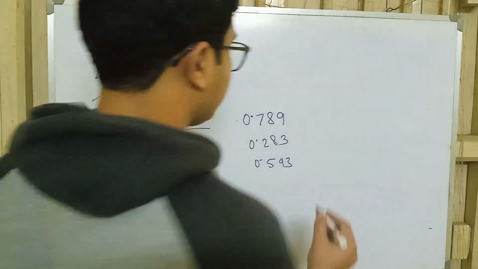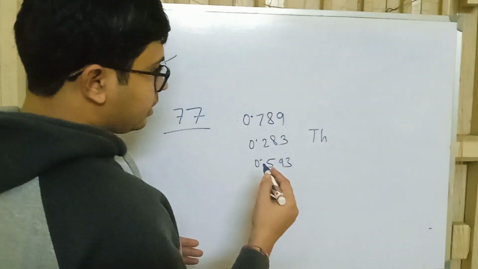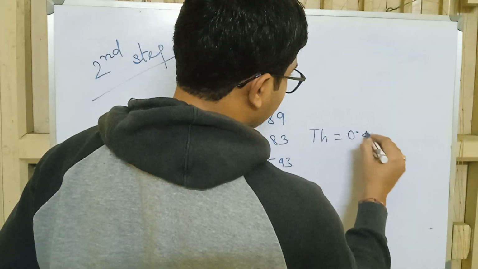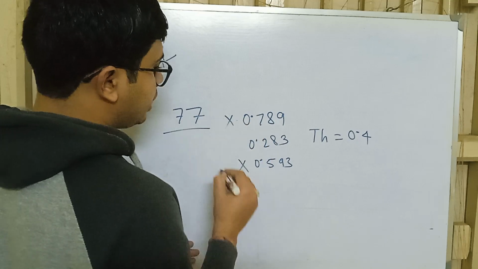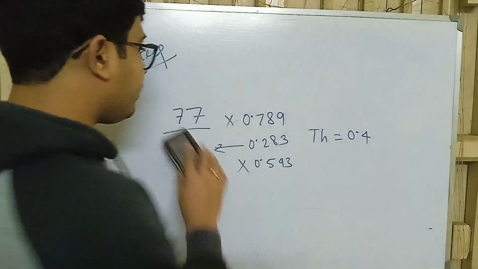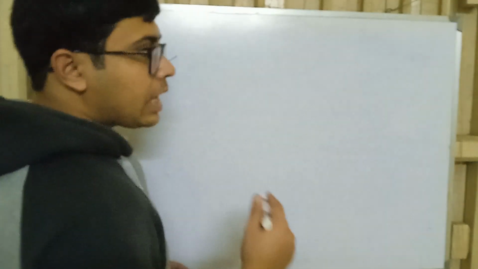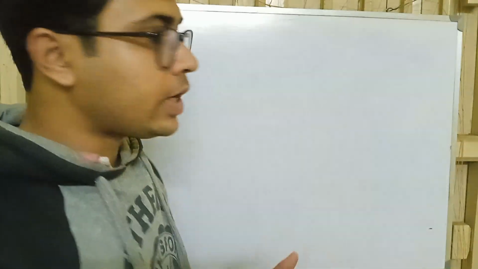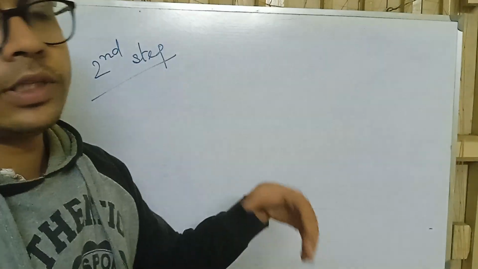Now we apply one threshold, and whatever is above it will be eliminated. Threshold equals 0.4: if I do this, this will be eliminated, this will be eliminated, this will remain. That is thresholding, nothing else. We are increasing precision. We concentrate on recall in the first step, and after that precision.